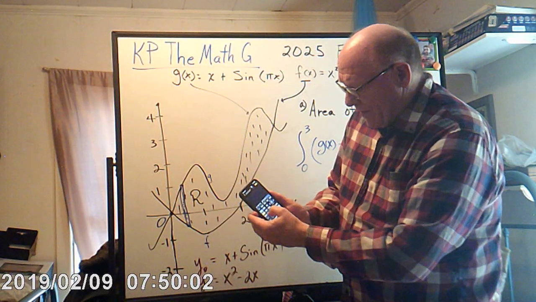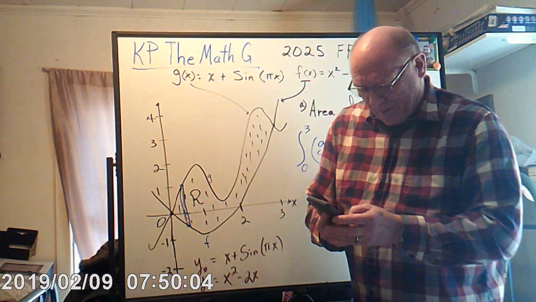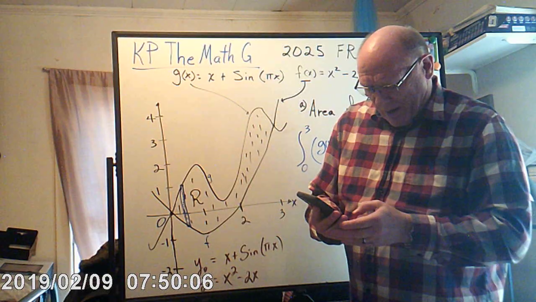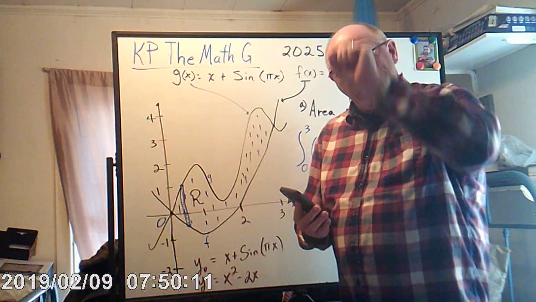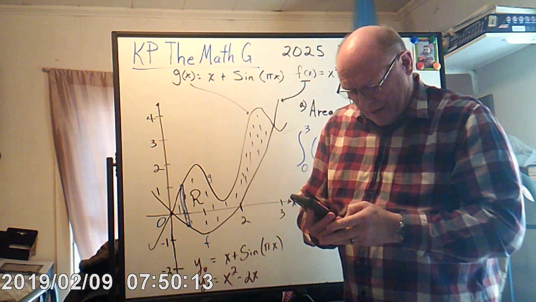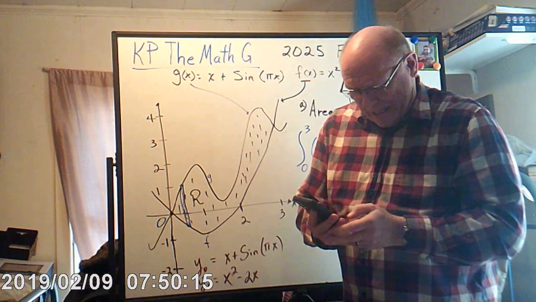Now to figure this out, I can go back. On mine I have math. I can only go by what mine is, and some of you already have the integrating sign on it. I don't. I can just hit FNINT.